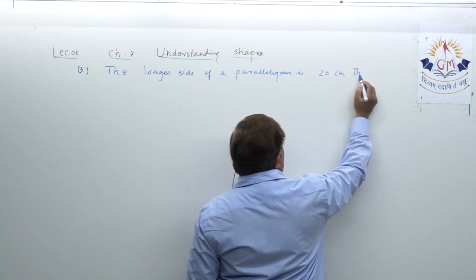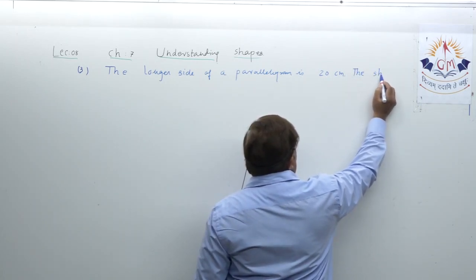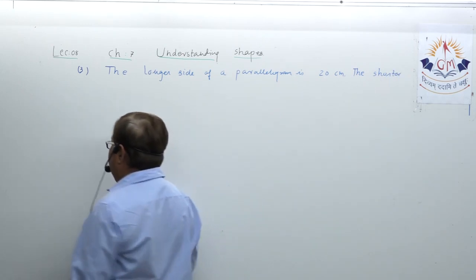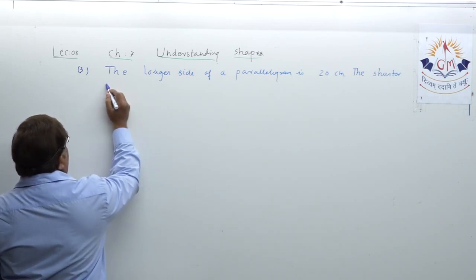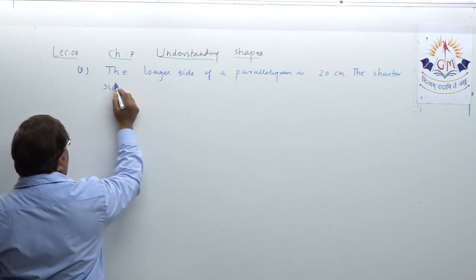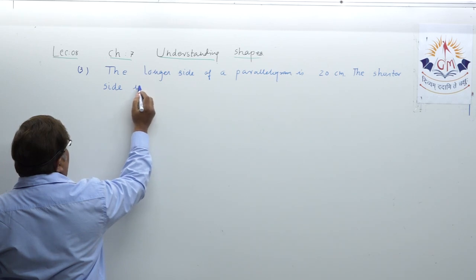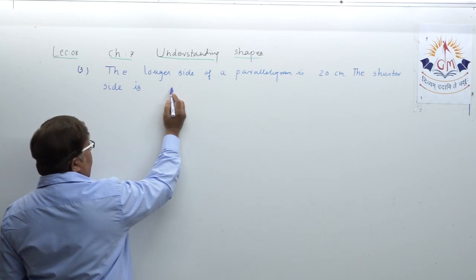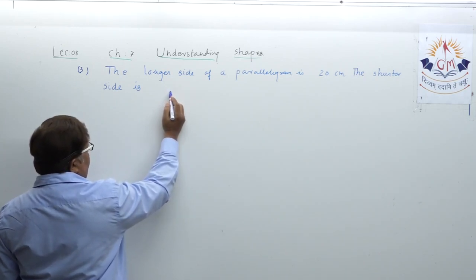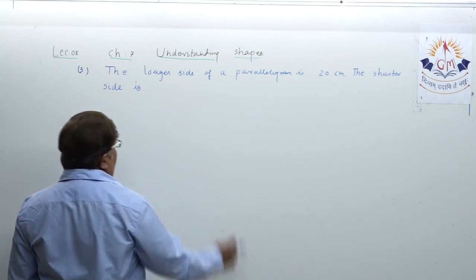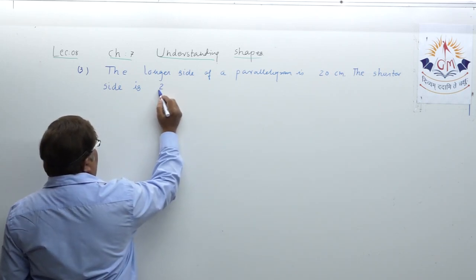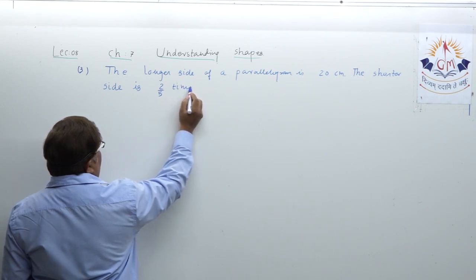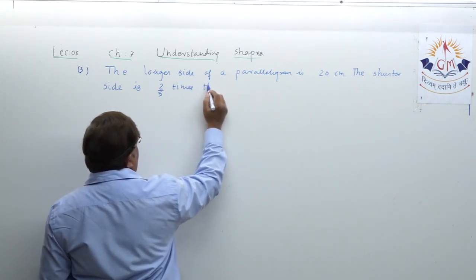The shorter side is 2 upon 5 times the longer side.